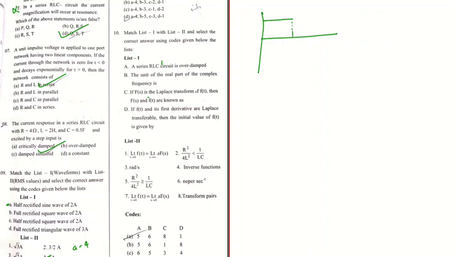It is a full wave rectified square wave, so it will be a continuous line, and the period here, we are assuming it as 2t. This is t and this is 2 ampere.